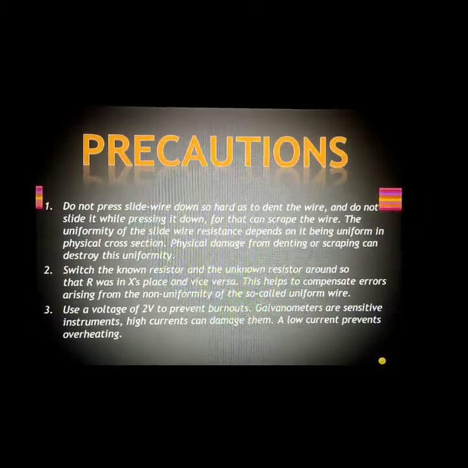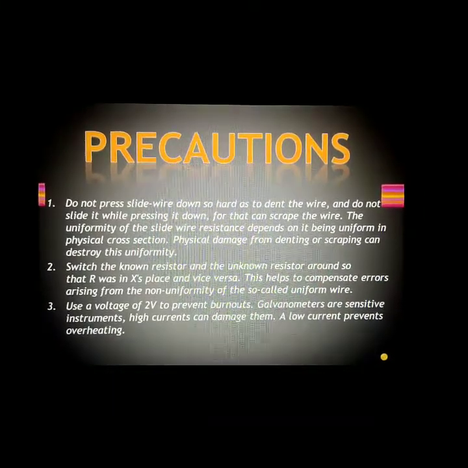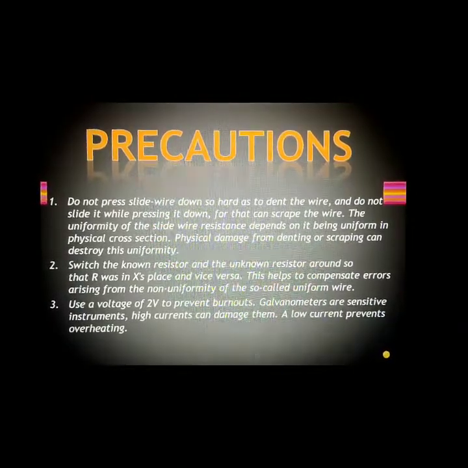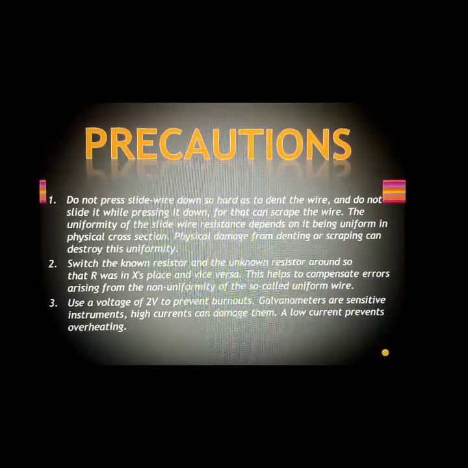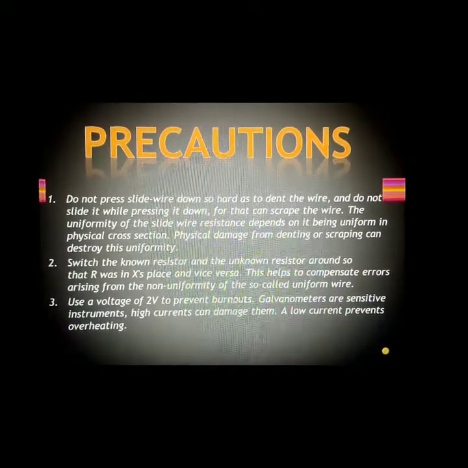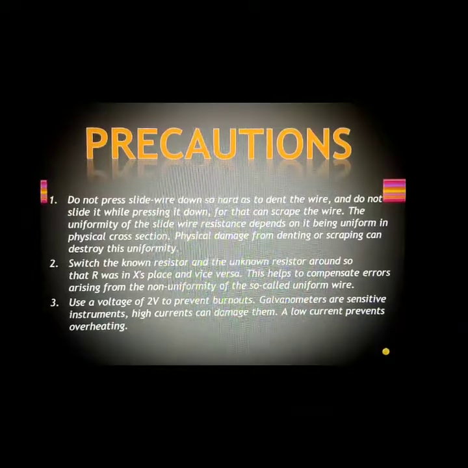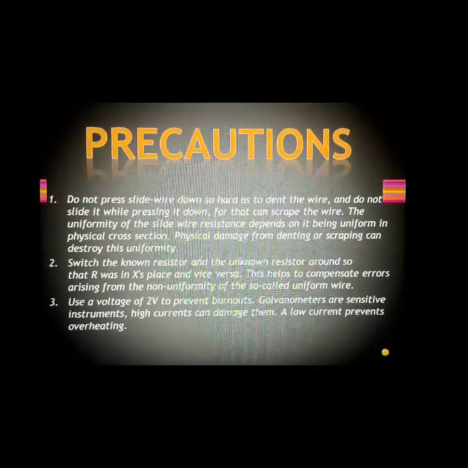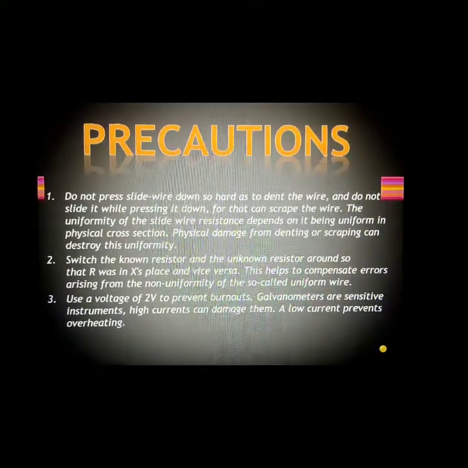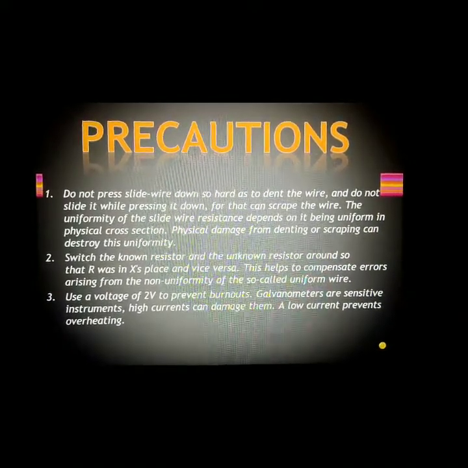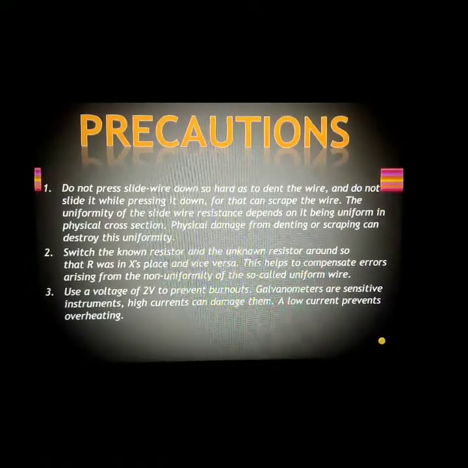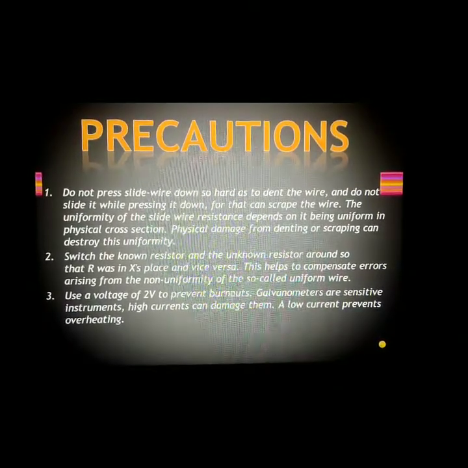Switch the known resistor and the unknown resistor around so that R was in X's place and vice versa. This helps to compensate errors arising from the non-uniformity of the so-called uniform wire. Use a voltage of 2 volts to prevent burnouts. Galvanometers are sensitive instruments. High currents can damage them. A low current prevents overheating as well.